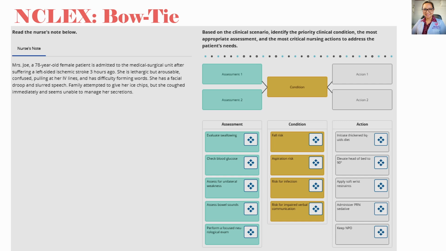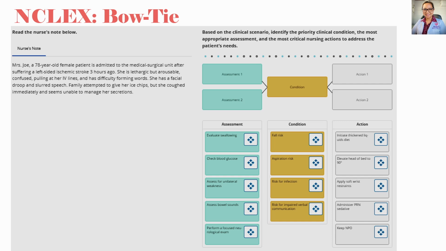Even though some of the options may be correct, we are looking for the ones that are the most appropriate and most critical. Based on this bowtie, we need to come up with the condition in the middle, and from that condition, we're going to look for two related assessments and two related actions.